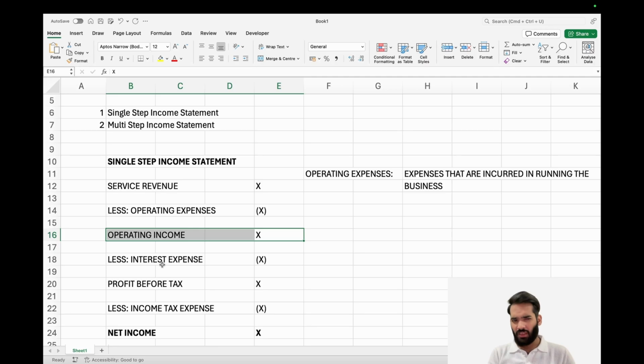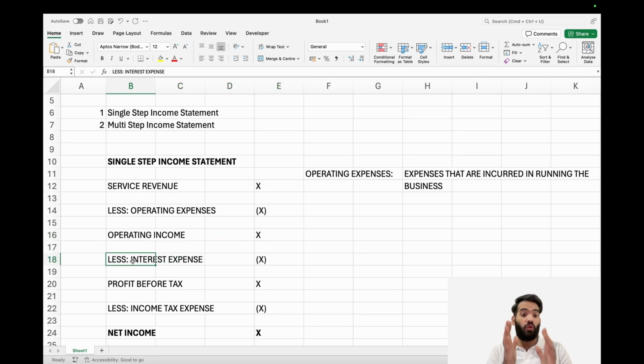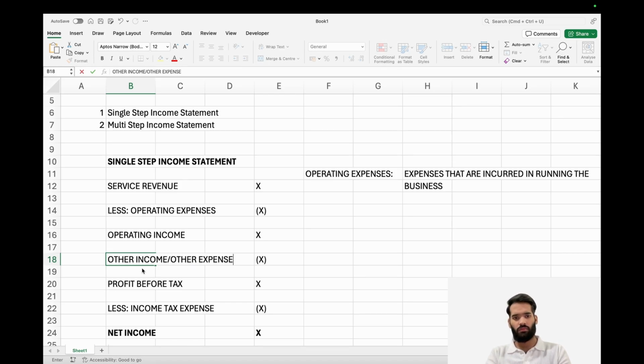So obviously, to make the format a little bit easier, I just said minus interest expense. But if you want to make it absolutely perfectly clear, let me mention it this way, so there's no confusion. There you go.